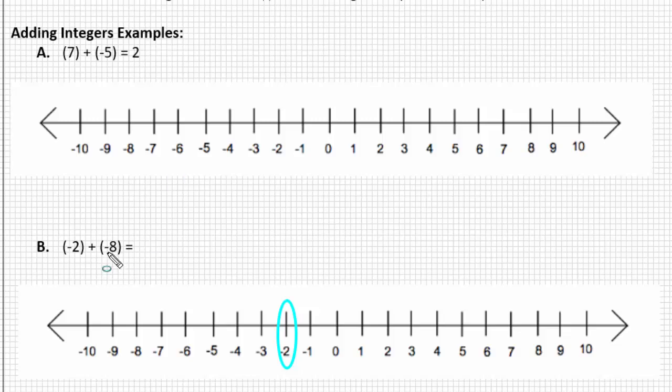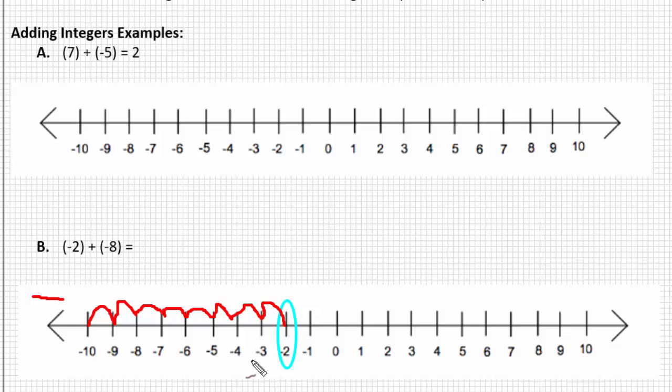Our second number is negative 8. Since it's negative, and our negatives are on the left side of the number line, we're going to move left 8 places, starting from negative 2: 1, 2, 3, 4, 5, 6, 7, 8.